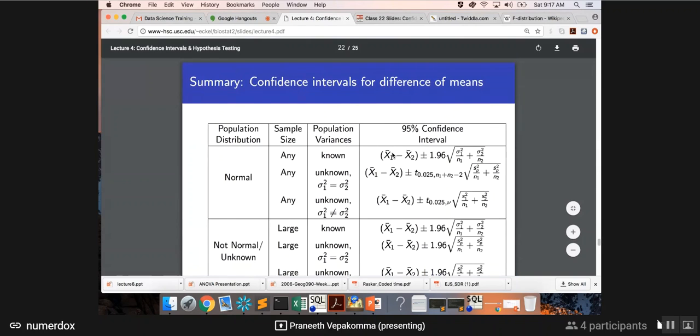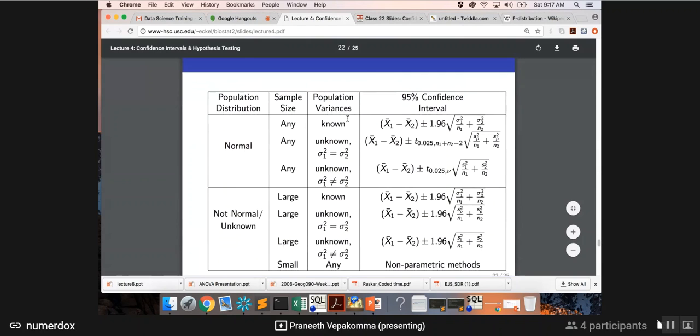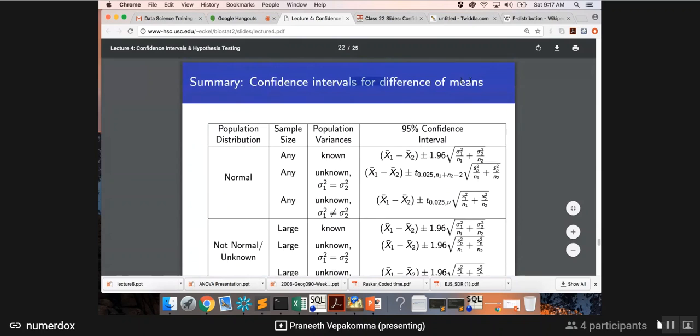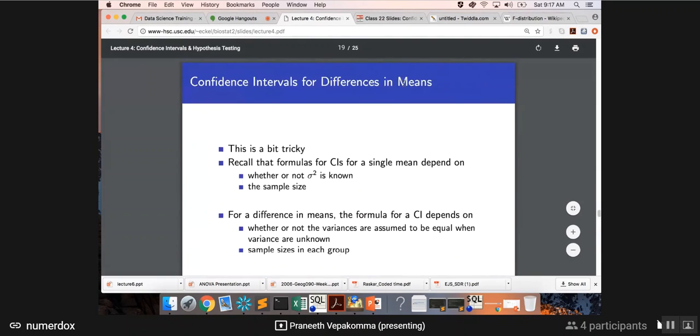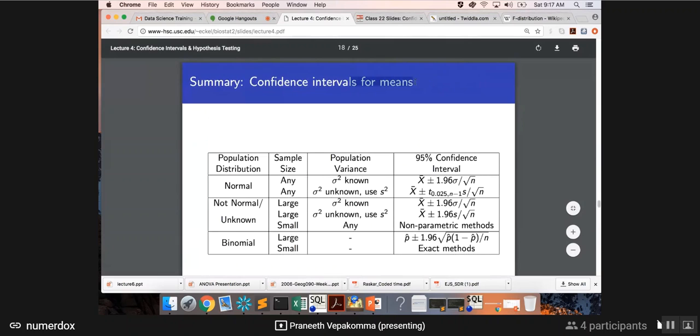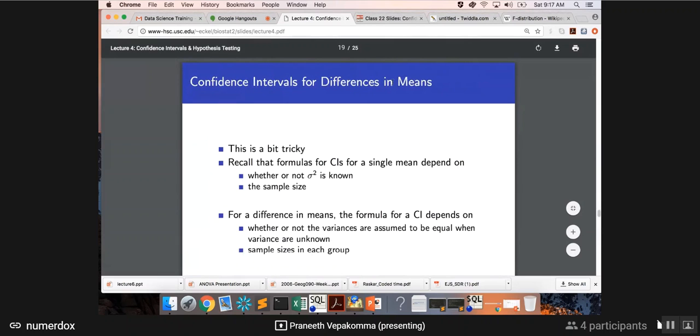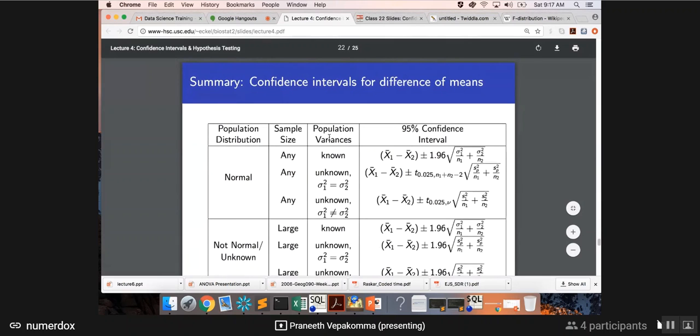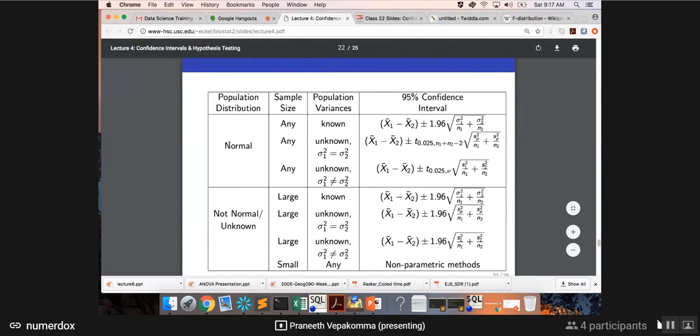Depending on the situation, you get different confidence intervals. Here you see confidence interval for difference in means. Before it was confidence intervals for means, just for average. Now you are saying confidence interval for difference in means across two different groups, two different variables. Again, different situations: normal distribution, sample size. If population variance is known, then you get this thing. You are using sigma, which is the true population variance, but you are doing pooling because there are two different variances, one for each column.